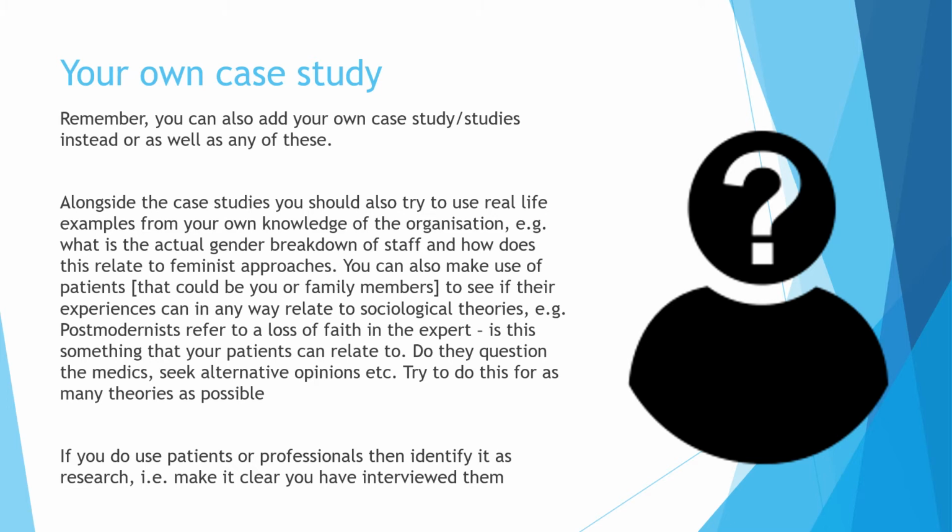And again, one of the things to do, if that is the case, is make sure that you identify that you've done research, you've done interviews with patients, you've anonymized them, so they're patient X, patient Y, patient Z, and you can put snippets of their account into your essay. And again, you can link it to how it relates to theory, or how they felt they were treated, how there's a connection to theories.